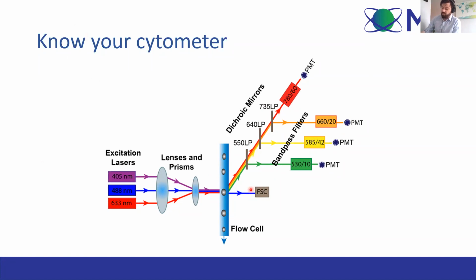You'll also then have a series of photomultiplier tubes, which collect the light and turn it into electrical signals that your software can understand. Each of these pieces plays a really important role in your panel design, and it's important that you know and understand what they do and the impact that this might have on the choices available to you in terms of fluorophores later on.